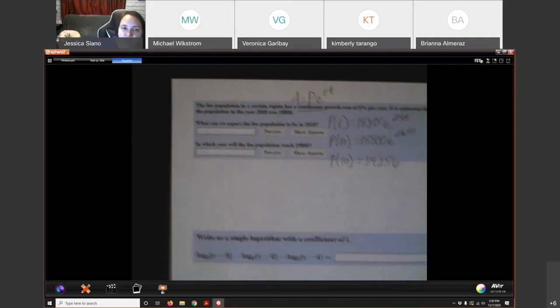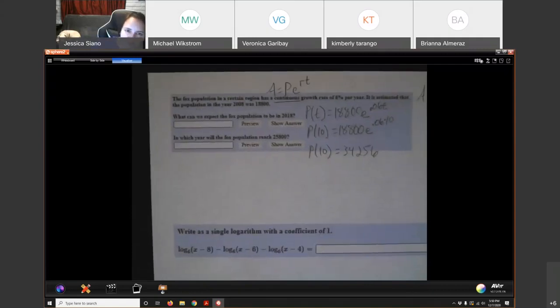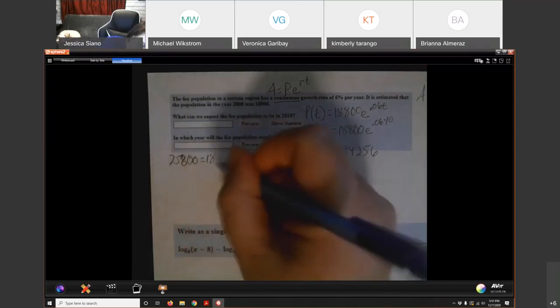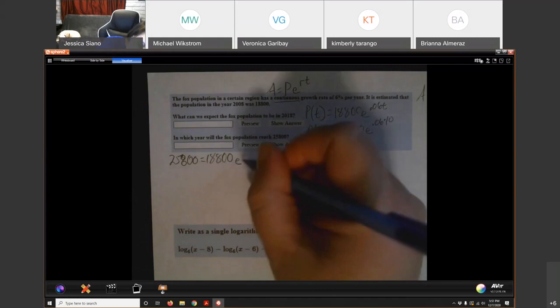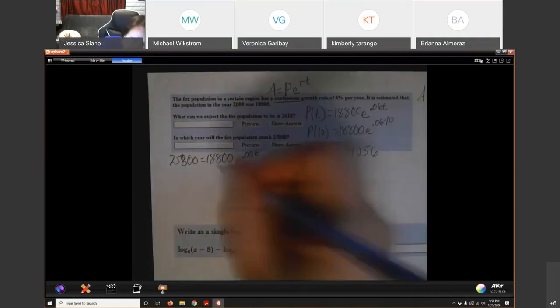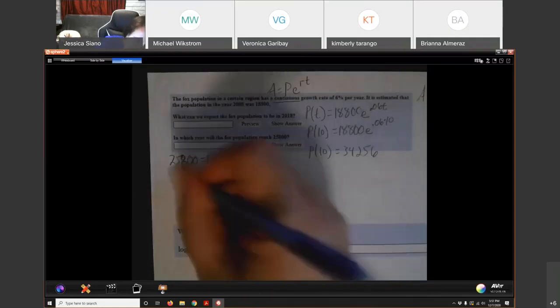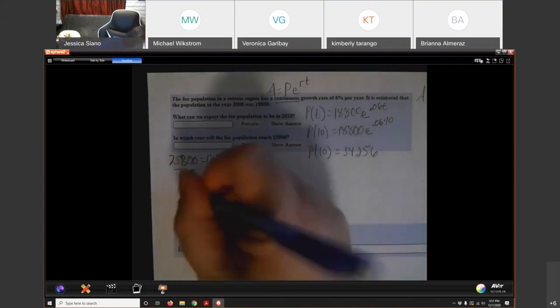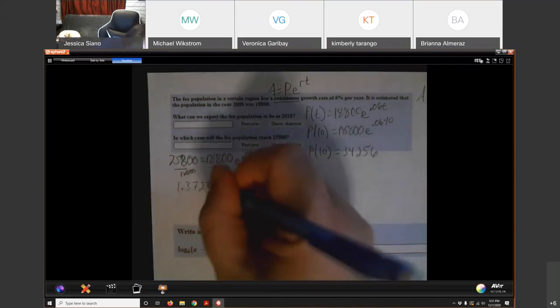Okay. And in which year will the fox population reach 25,800? So now I'm going to say, okay, 25,800 equals 18,800 e to the 0.06t. Divide both sides by the 18,800. 1.3723.